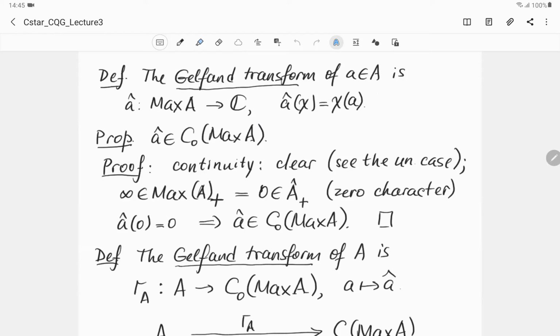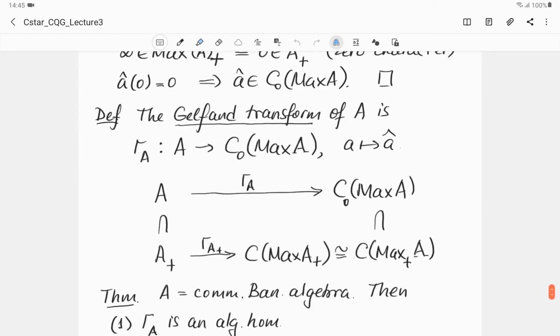When we identify a point in the maximal spectrum with the respective character, then A hat of chi is just chi evaluated at A. So this is the definition of the Gelfand transform. And we proved that this function A hat is continuous on the maximal spectrum and vanishes at infinity.